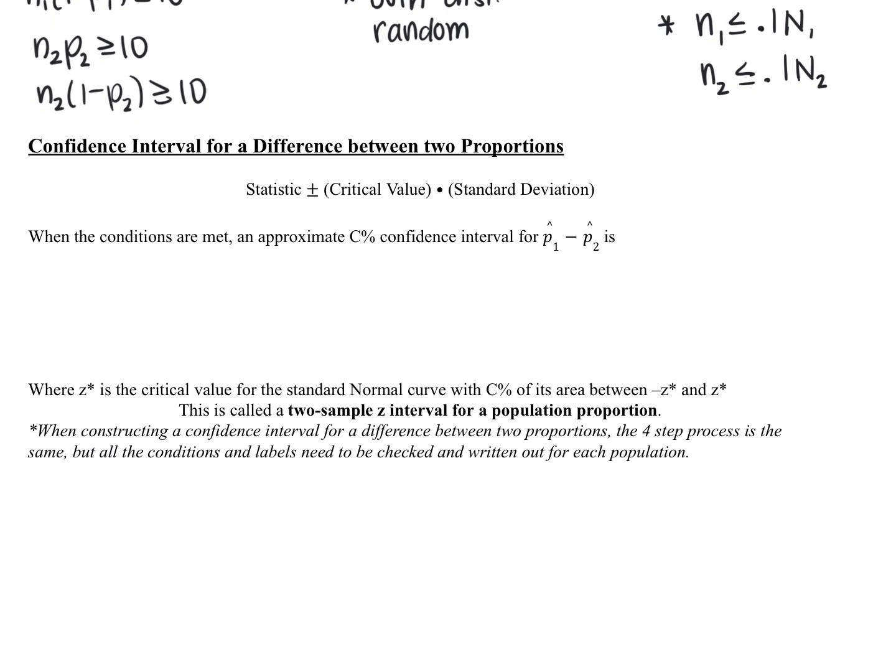Just to review, in general, a confidence interval is your statistic plus or minus your critical value times your standard deviation.